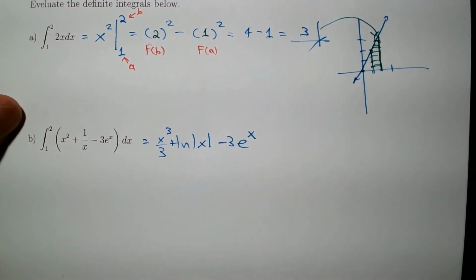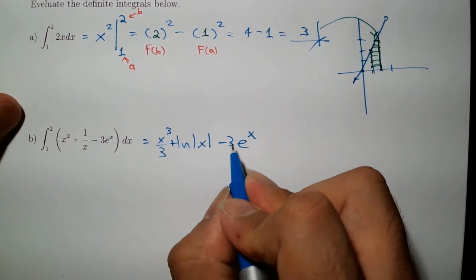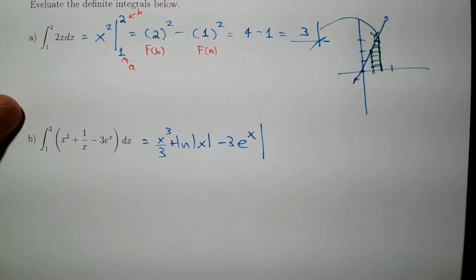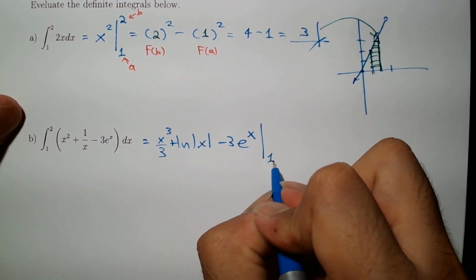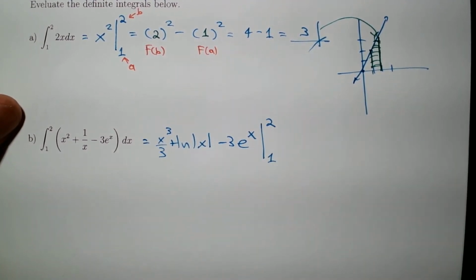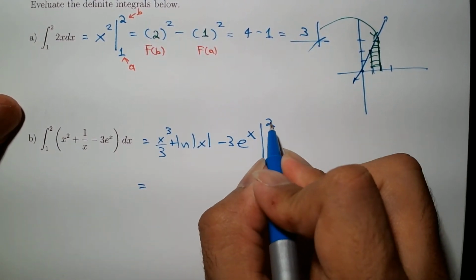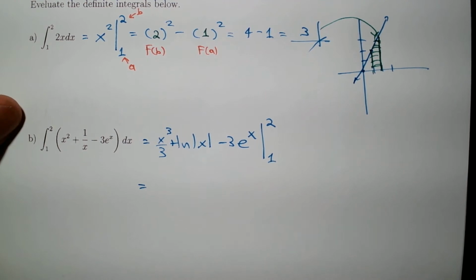Notice in this case, x is not being multiplied by any constant, so we don't have to divide by anything. So we evaluate this from 1 to 2, and we do the evaluation of the upper limit first, and then the evaluation of the lower limit.